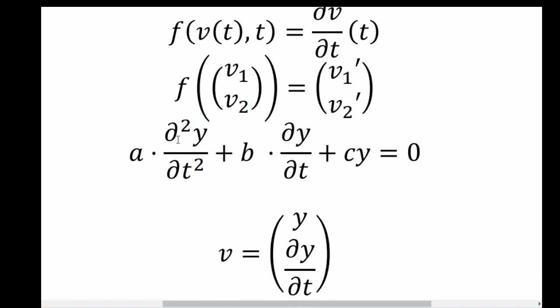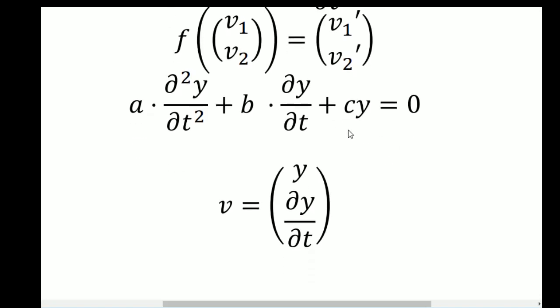So if we take this linear differential equation, we can translate it into a matricial system, because we have two variables, y and y prime, the derivative over t, that satisfy two different equations.